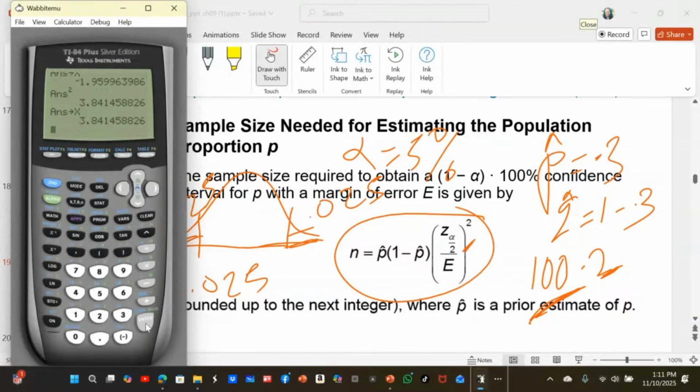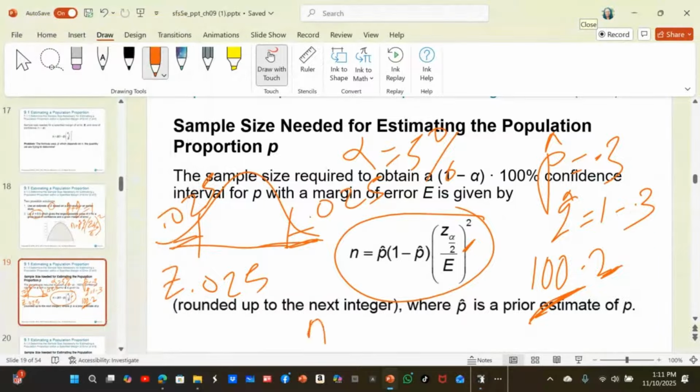All right, so now I suppose I'm given that p hat is unknown. If p hat is unknown, then the sample size is going to be 0.5 multiplied by 0.5, since p and q are the same, multiplied by the quantity I have in my X. 0.5 multiplied by 0.5 is 0.25.